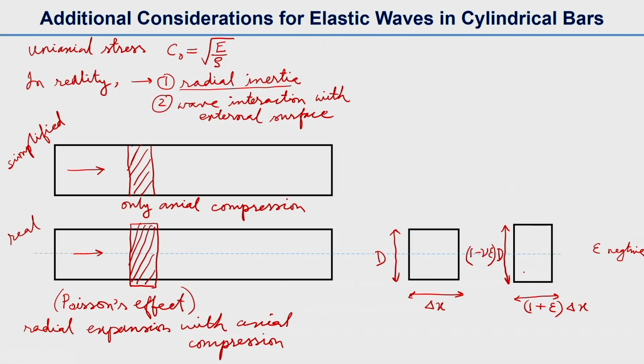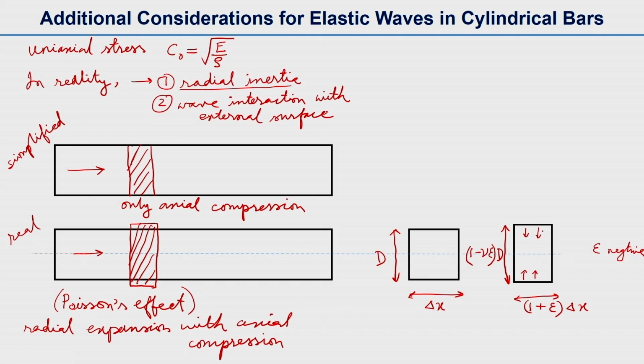So epsilon is negative, giving axial compression and radial expansion, and we will have some inertial forces due to this radial expansion, that is, material flowing outward due to the kinetic energy of this compression wave.